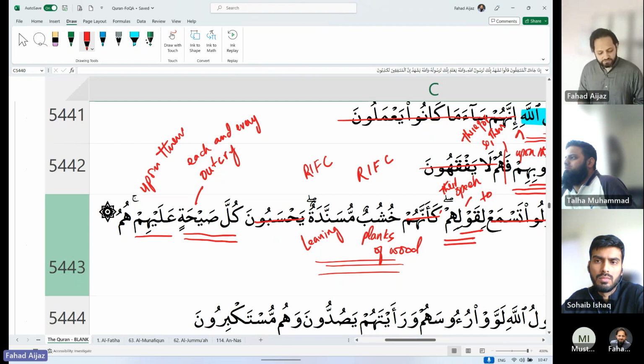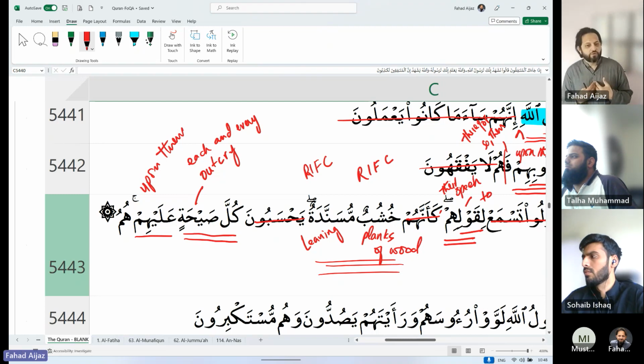Those munafiqs would feel that everything going against the Prophet is actually talking about themselves, and they suspect, oh, we are exposed probably. Allah is telling about how they feel. So, kulla sayhatin alayhim: each and every outcry, they think it's about them.